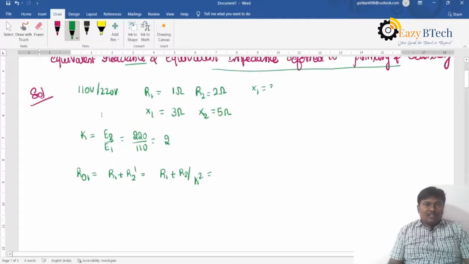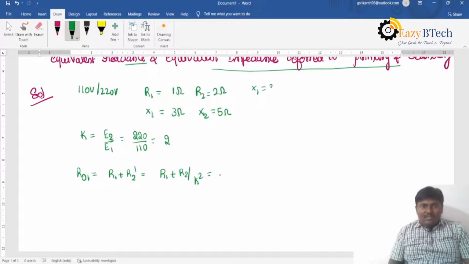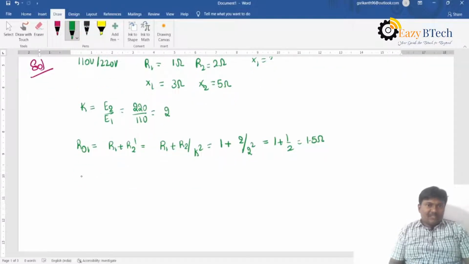The R1 value is 1 and R2 value is 2 divided by 2 square, 1 plus 1 by 2, that should be equal to 1.5 ohms.